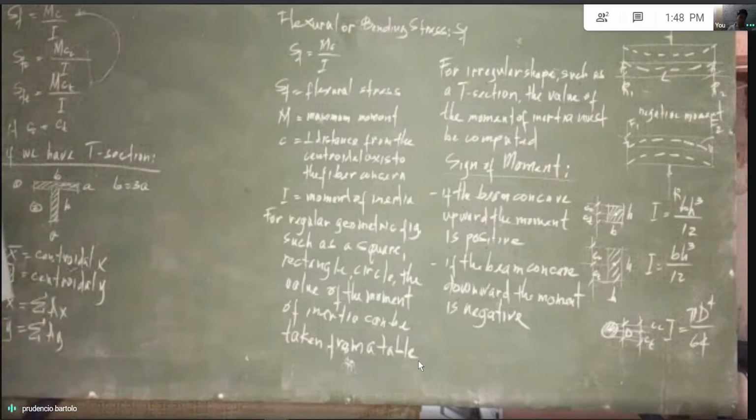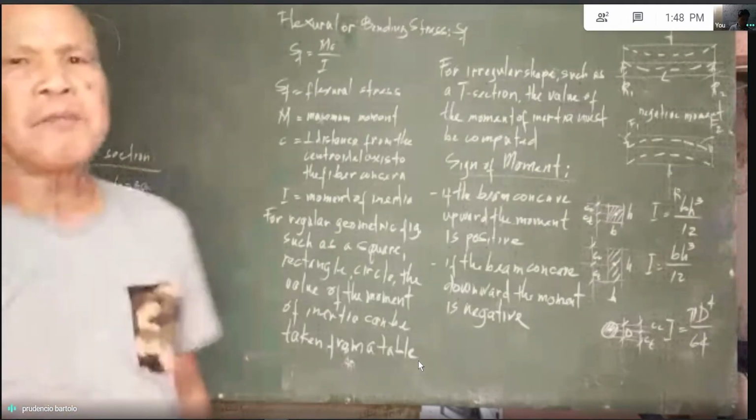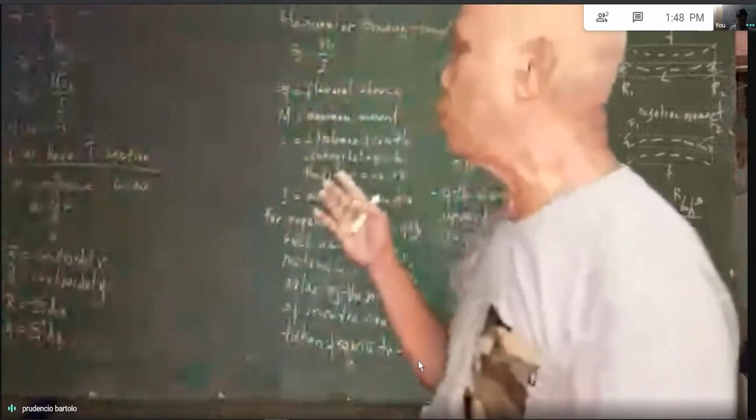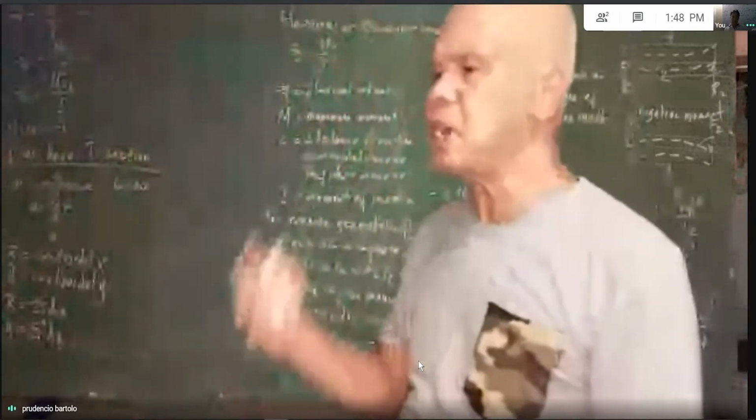So, the first thing that you are going to consider is you project a reference axis. In projecting a reference axis, you try to examine the figure itself, if you can establish a certain reference axis in such a way that you will be able to pass through the centroid of the element or the figure involved in the composite figure.